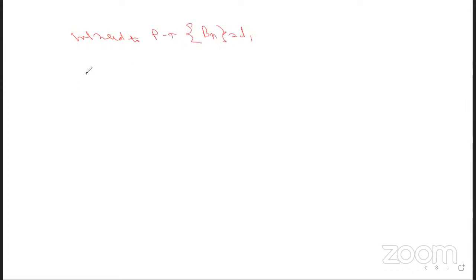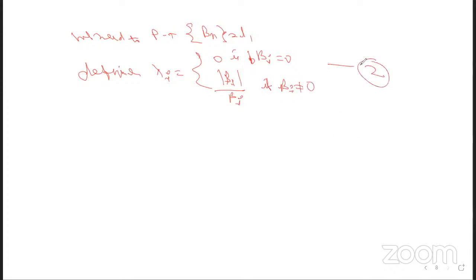For this purpose, define lambda i equal to 0 if beta i equals 0, and mod beta i by beta i if beta i is not equal to 0. Consider this equation number 2, because we'll use the result.